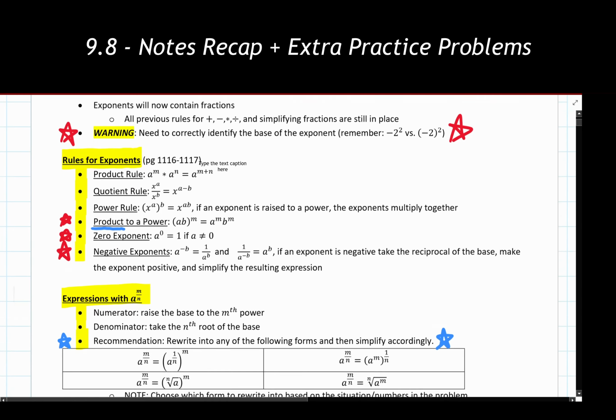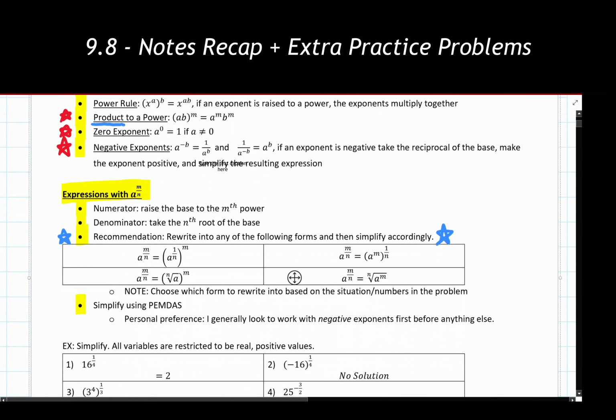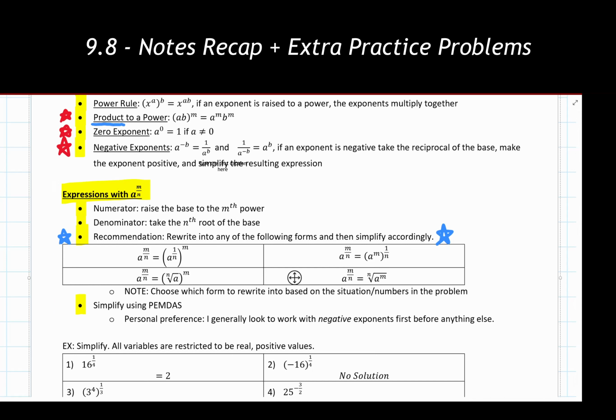We then also had our main bulk of the material, which is working with rational exponents or fraction exponents. Remember, the numerator raises something to a power. It's higher in the fraction, so it's going to make the number larger in that regard. The denominator tells us the index of the root, or it tells us to take the nth root of the base.